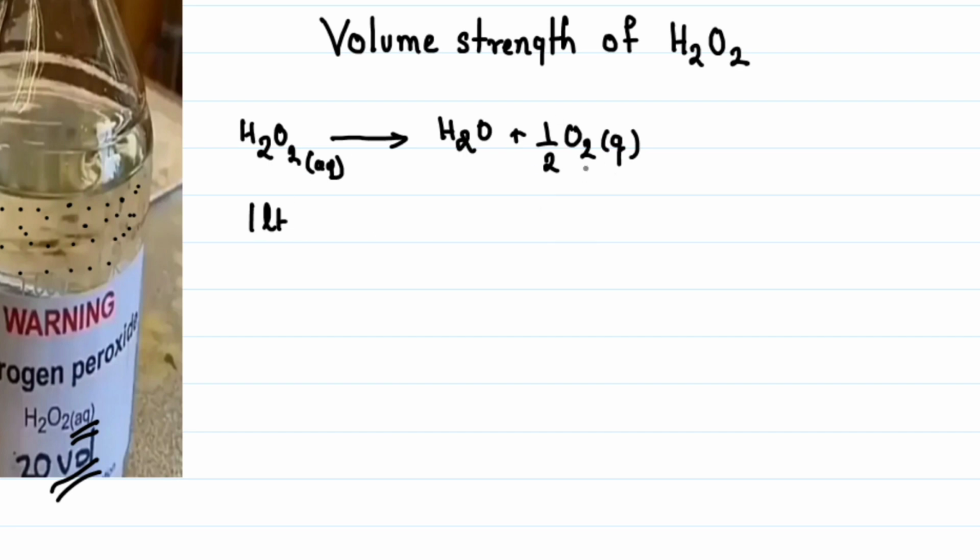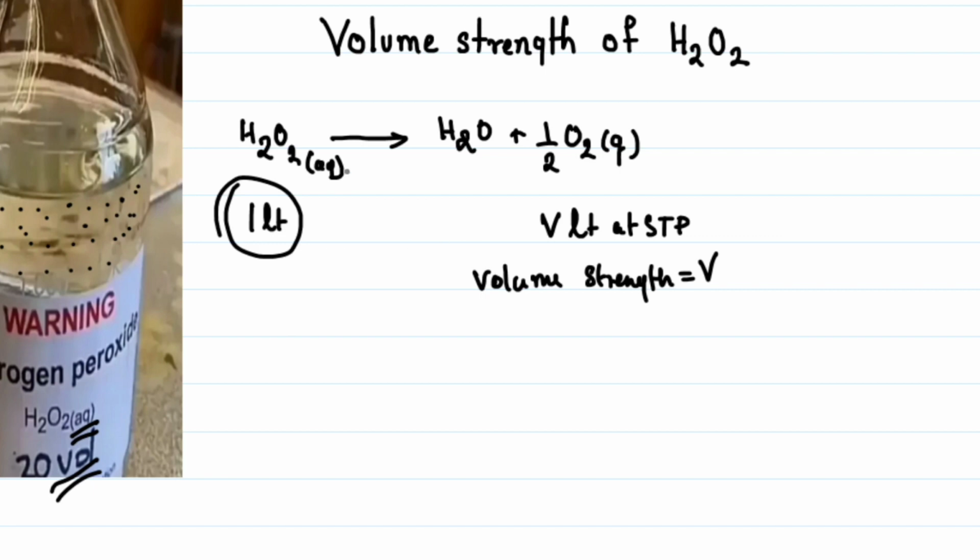For example, if 1 liter of H2O2 produces V liter of O2 at STP, then the volume strength of this solution will be simply V. In this sample, the volume strength is 20 V, meaning 1 liter of this H2O2 solution is going to produce 20 liter of O2 gas at STP, and that is the volume strength here.